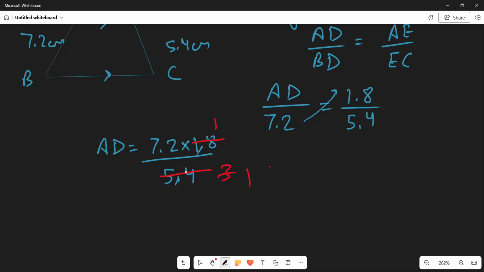Then 3 ones are 3 and 3 twos are 6. Because there's a point here, I put a point in my value also. After reducing, 7 minus 6 is 1, and 1 and 2 becomes 12. So 3 4s are 12. So the value of AD is 2.4 centimeters. That's it. We'll do more questions ahead, the proving questions.